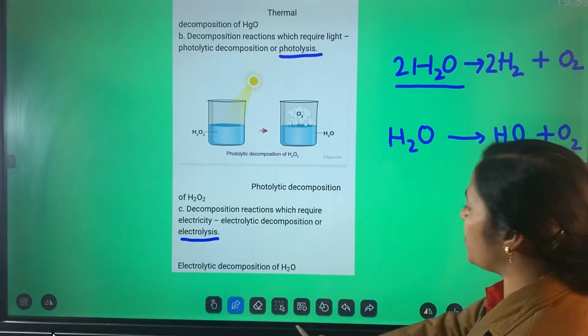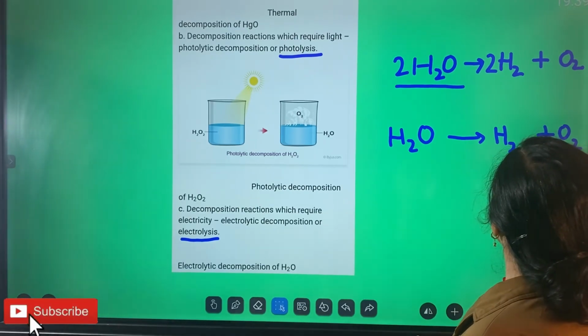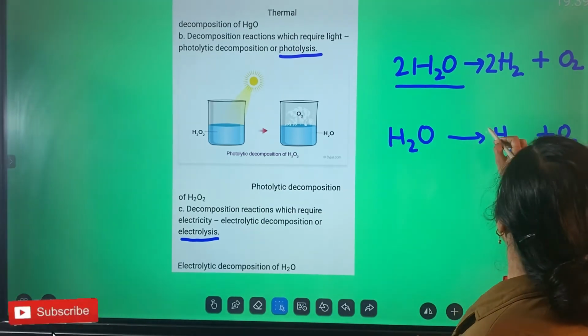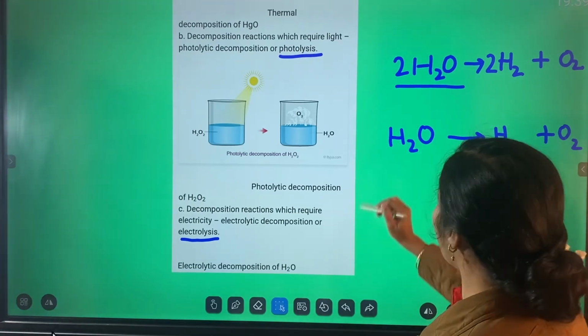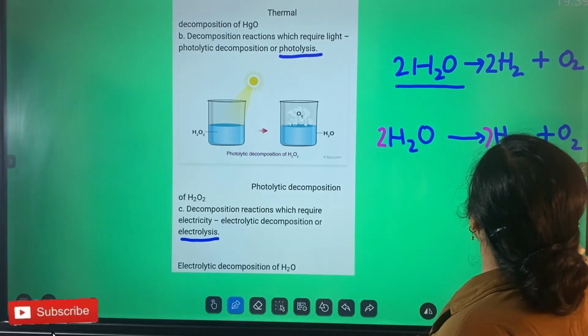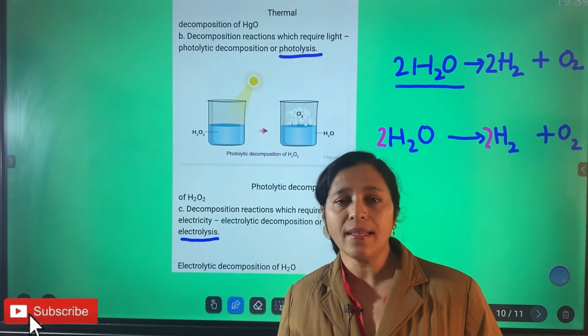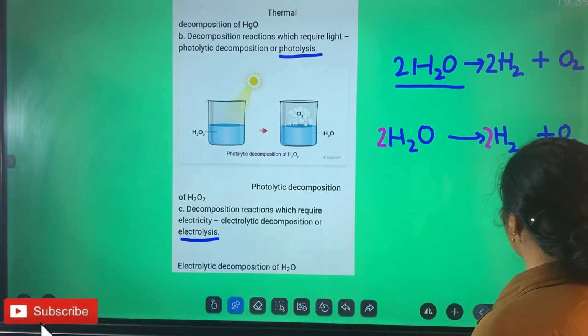Same, we will balance it. So I hope you are able to understand the different types of decomposition reactions like thermal, photolysis and electrolysis.